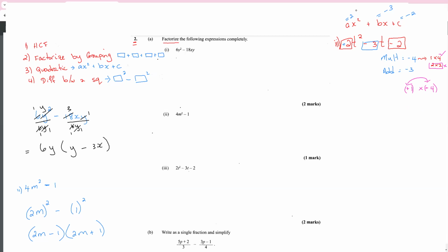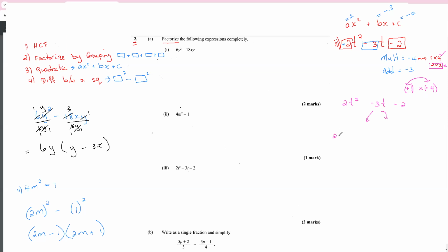Pausing here. Right, so we found the 2 numbers that will be used to expand the middle term. So remember, in your quadratic, the first term stays as is, but the second term will be broken up using the 2 numbers that we just got.